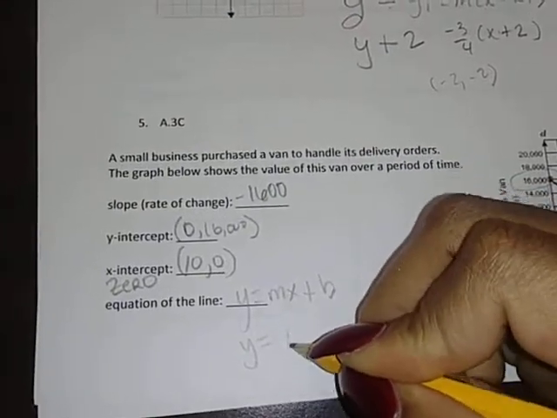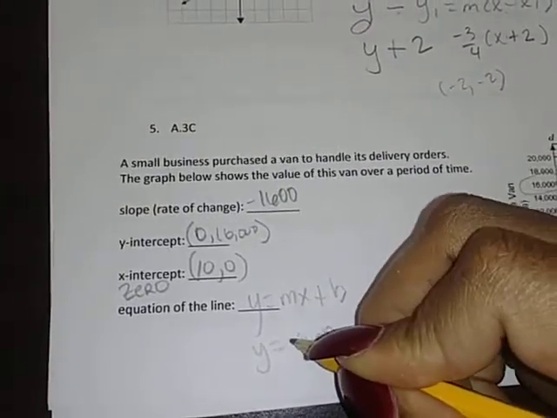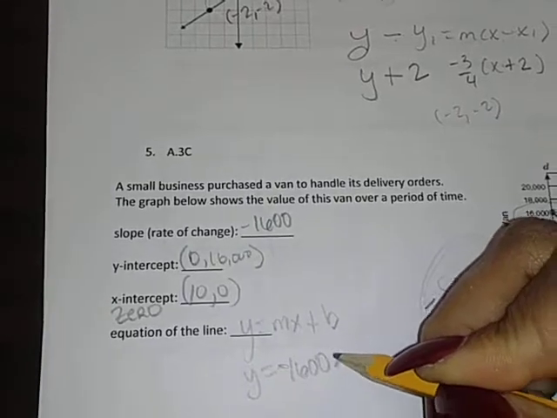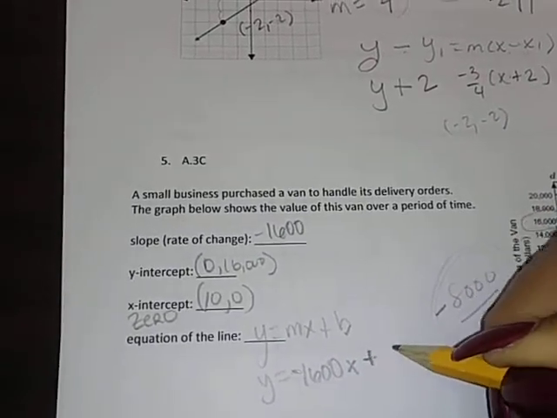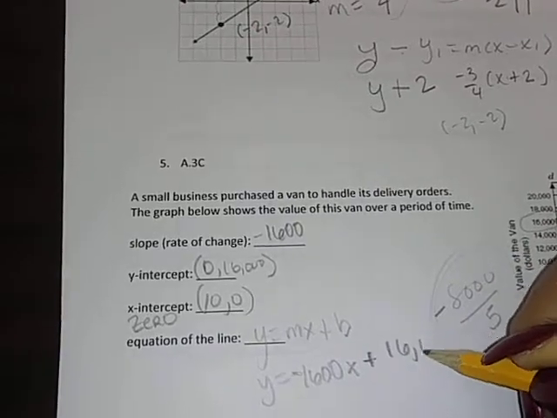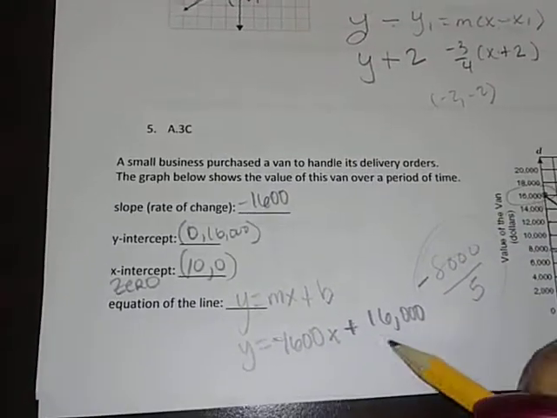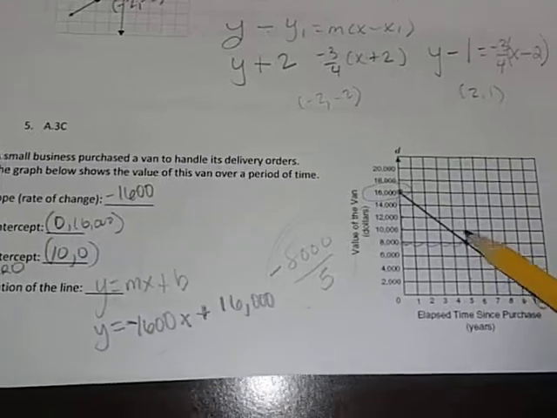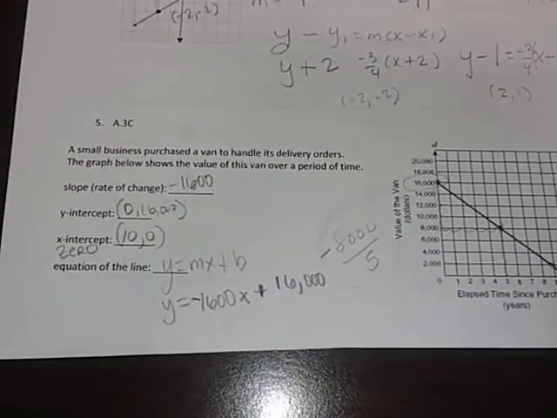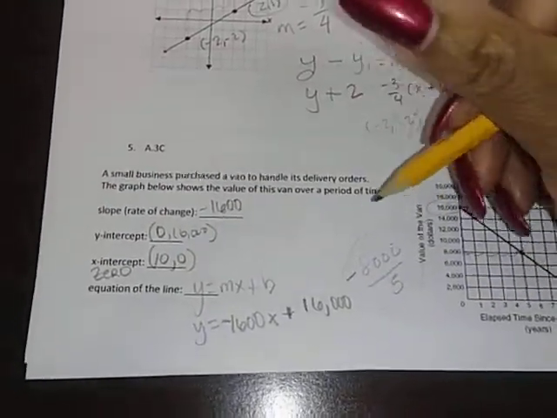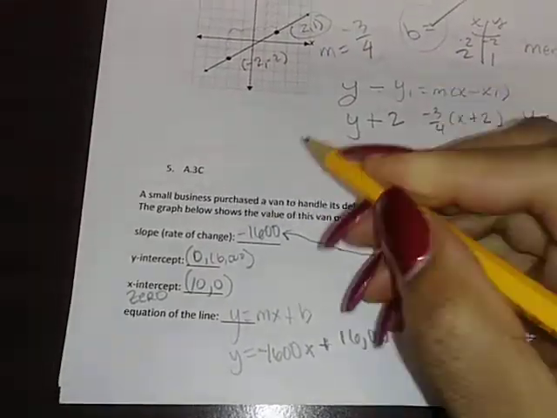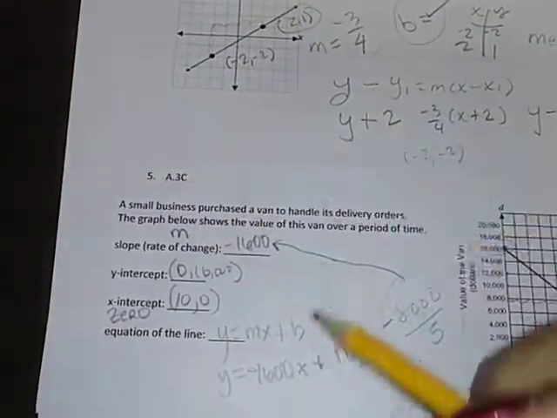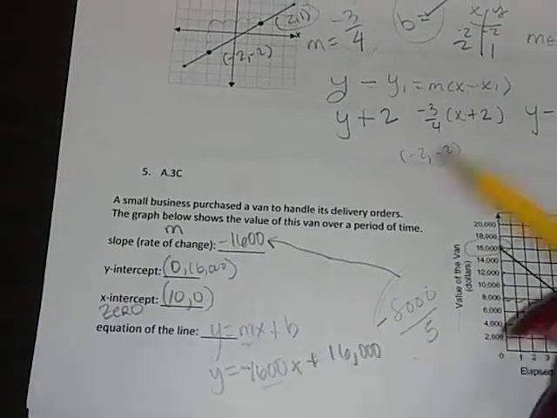So my answer would be, and this is the equation of that line there. This is the slope. I reduced it. That's m. So I put it in the m spot.